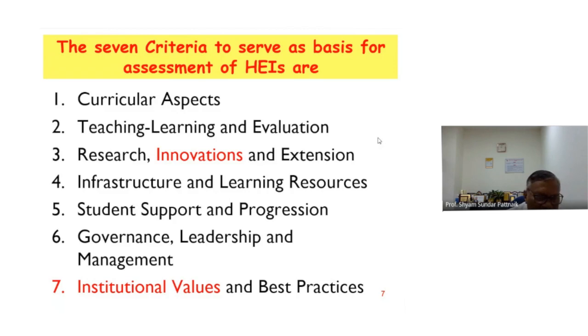Then criteria 6 is more towards governance, leadership and management, how the policies help you achieve what the accreditation agencies are looking for. And the last is institutional values, ethics followed, and best practices: how you have inculcated the best practices of other systems, what your own best practices are, and how you have shared that information. So these are the 7 criteria.